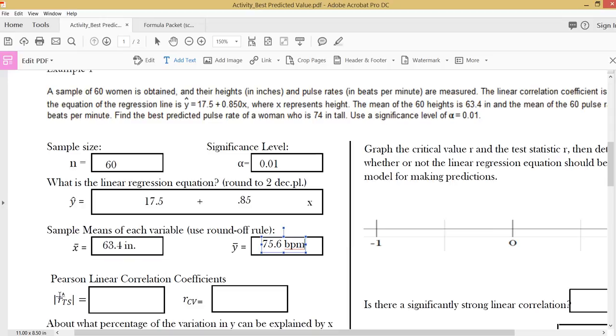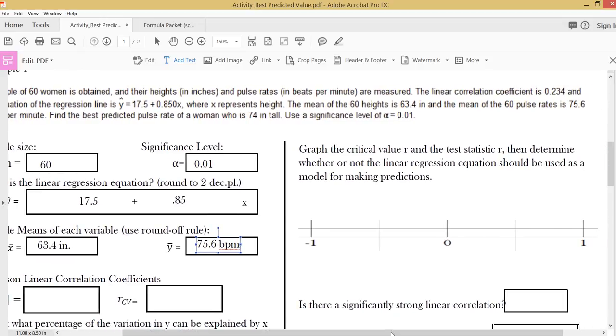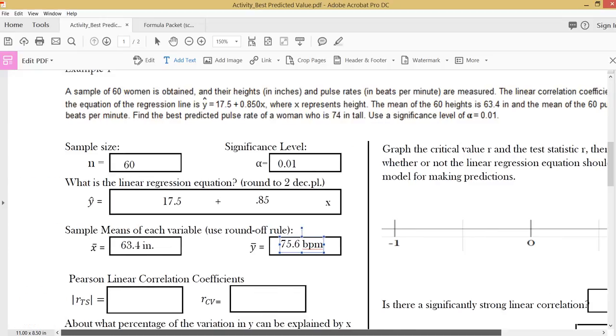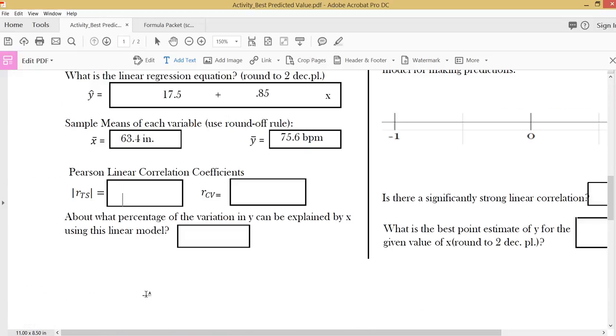So we'll look at the linear correlation coefficient that was calculated from the data, and the number here is 0.234, as you can see. We can put that right in here, and it's already positive.